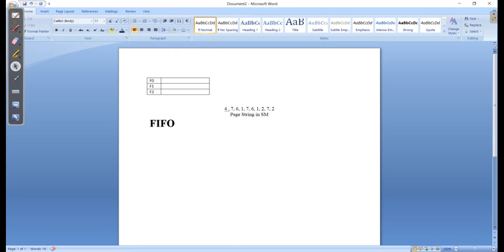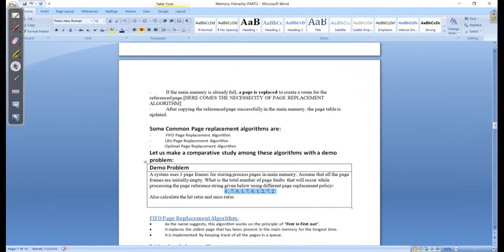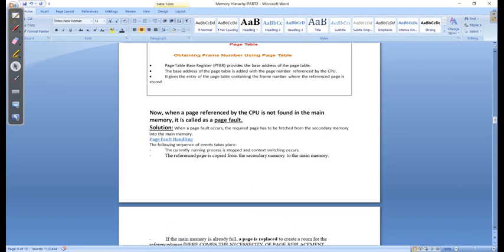So what happens here? First, the CPU is going to ask for the page with index 4. CPU will at the beginning look for this page in the RAM, and as all the frames are empty, as per the definition of page fault, it occurs here.